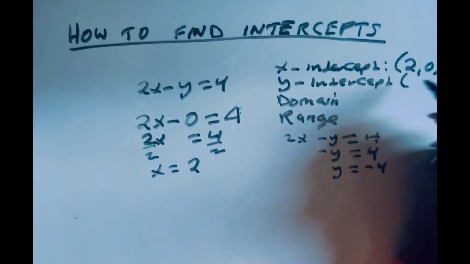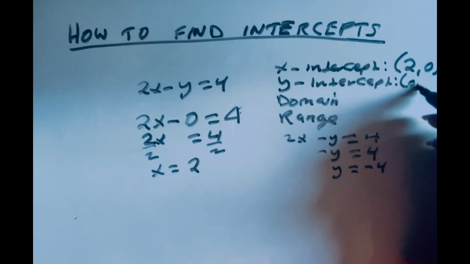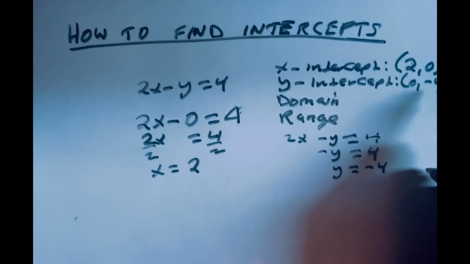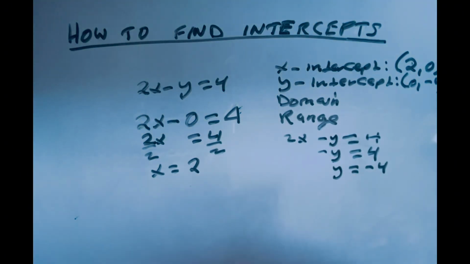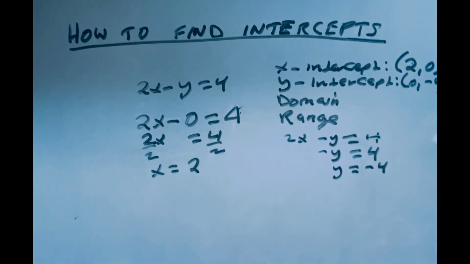So our y-intercept is going to be 0, negative 4. This is where our graph will cross the y-axis at point 0, negative 4, and it will cross the x-axis at point 2, 0.